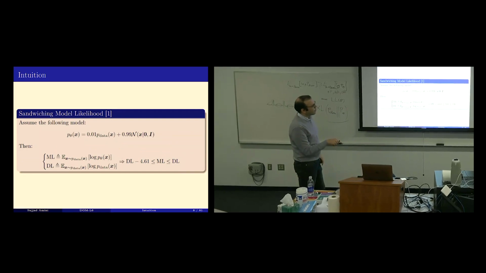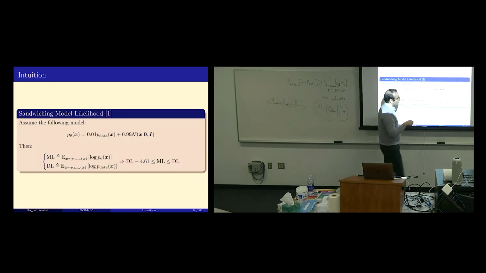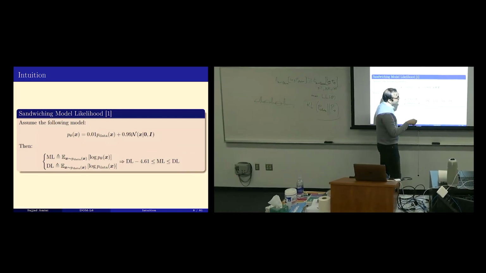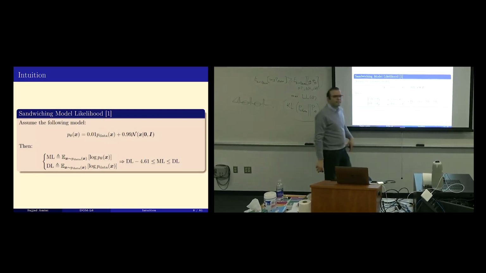The model likelihood is greater or equal than the data likelihood minus 4.61, and it is less than the data likelihood. Is it clear how we reach this point? Okay.